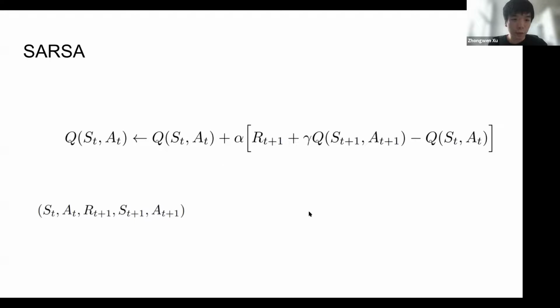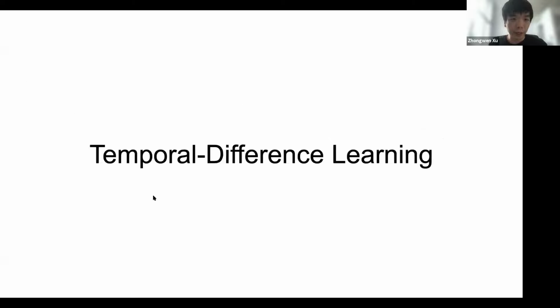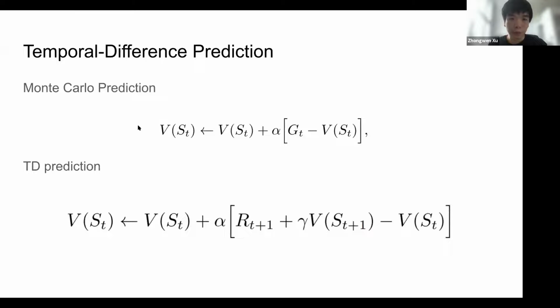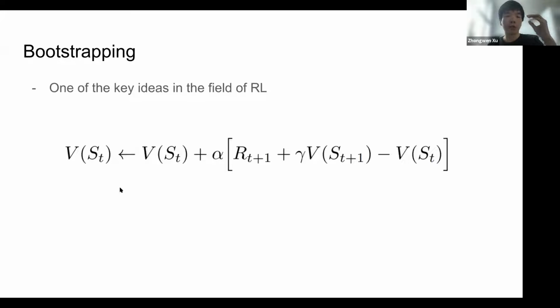Next, previously, all of these methods, including TD and Monte Carlo prediction, are trying to learn a value function of a state. So that, given a policy, you can evaluate this policy: under this policy, how much expected cumulative future reward the agent can attain.